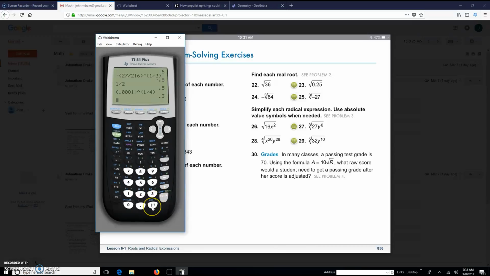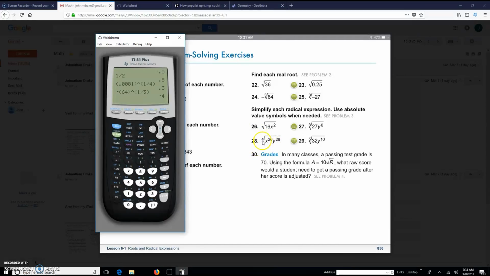Like we got the negative out front here. Negative 64 raised to the 1 divided by 3. Negative 4.